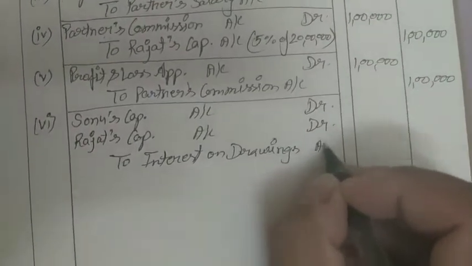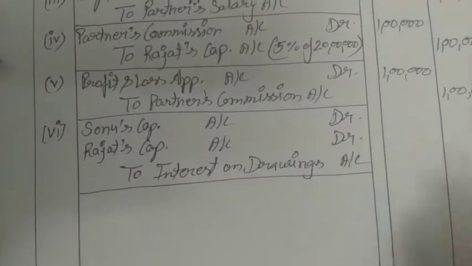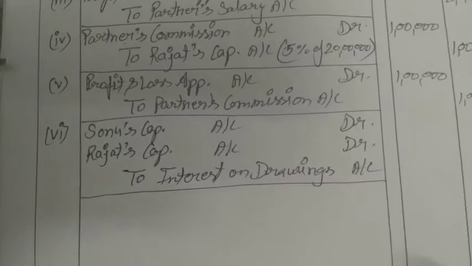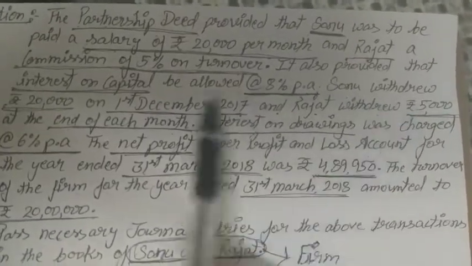The amount I am calculating on a rough page. Interest on drawing for Sonu: his withdrawal is 20,000 rupees on 1st December to 31st March 2018.